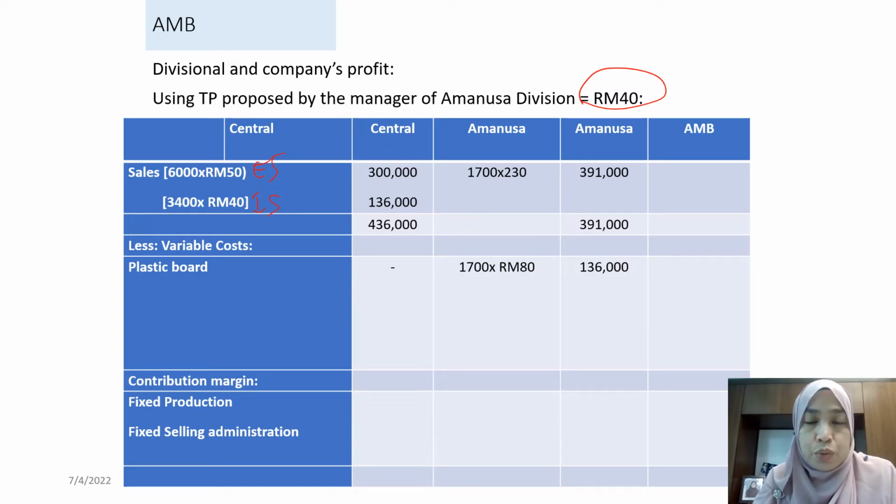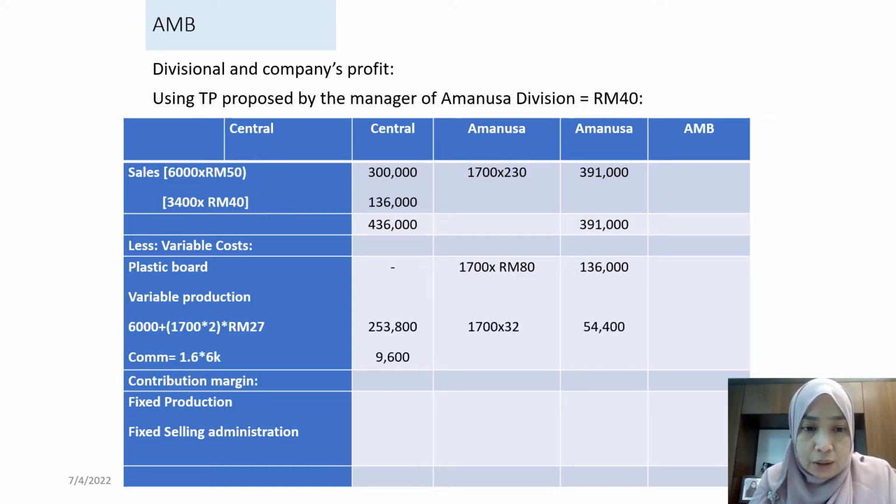Remember, to produce one unit of display rack, Amanusa division will buy two pieces of plastic board. So if they want to produce 1,700, they buy double the amount, that means 3,400. You bring down this value, because under central division we record it as revenue, but under the buying division we record it as expenses.